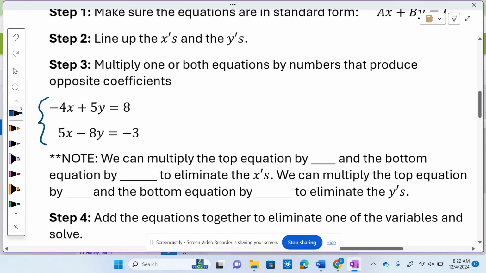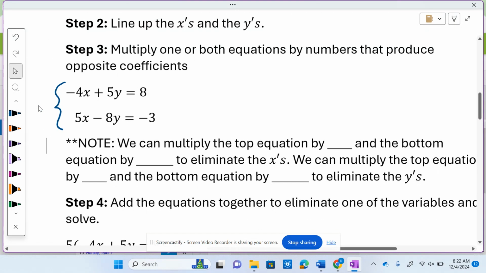If I wanted to get rid of the x's, if I wanted to eliminate the x's, what could I multiply the two equations by?